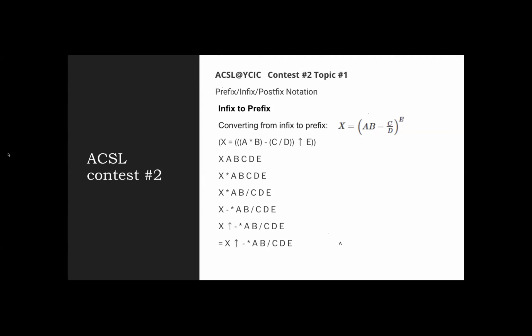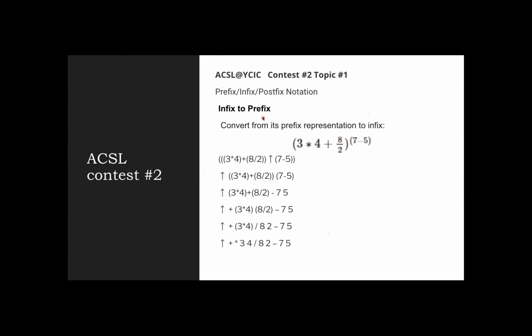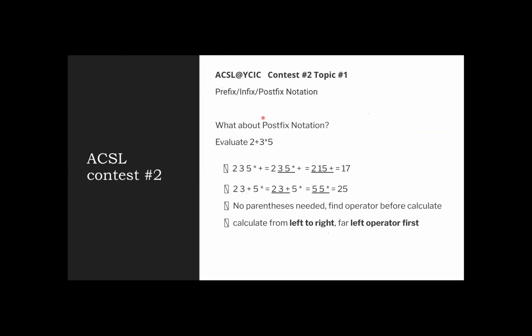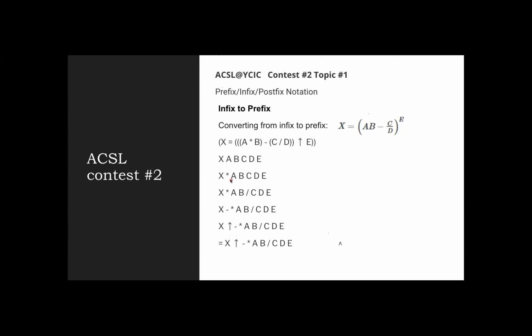Okay, and then we just break it up. We know it's multiplied, so AB need to multiply together. So we put the multiply sign before AB, which moves to the front, where we are looking from right to left.